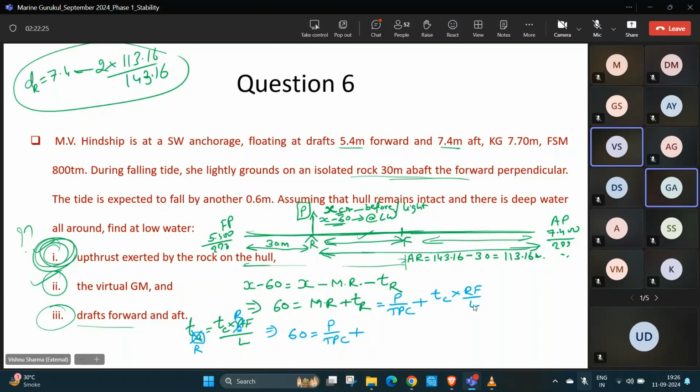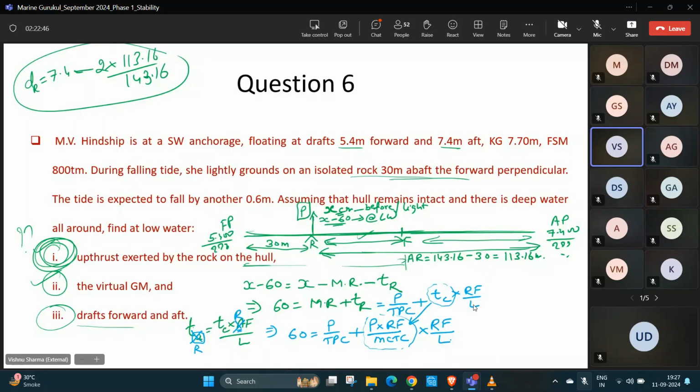Formula for this: P into RF upon MCTC. Is he right, guys? Is he right that this is the trim cost? Yes, sir. You see, guys, it's all trim type A.